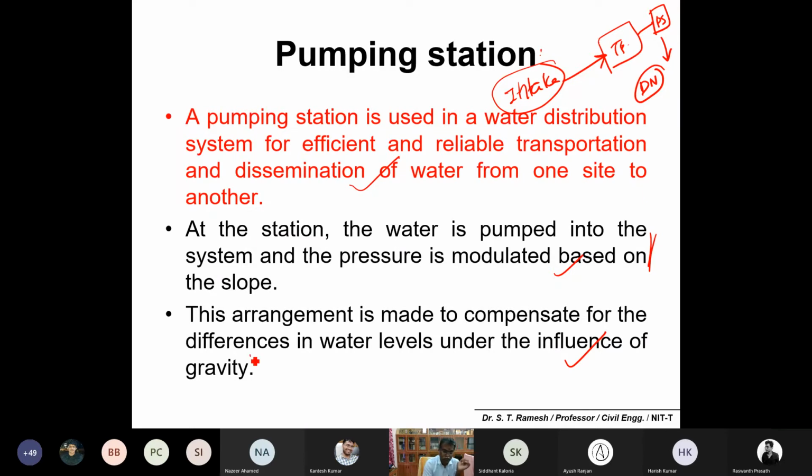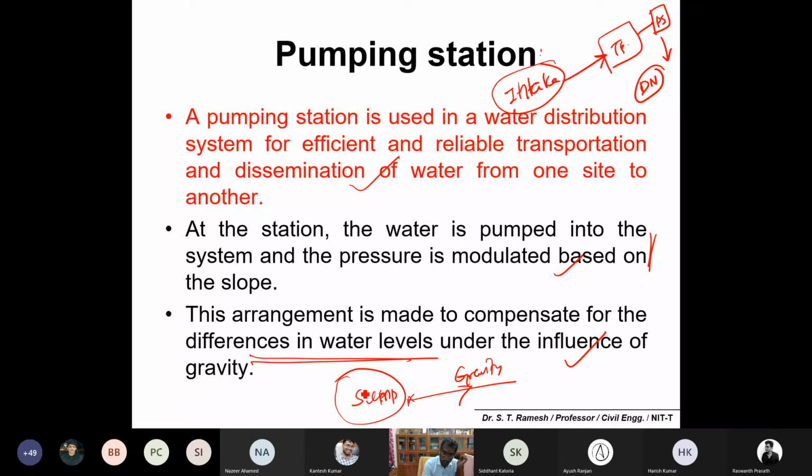In some cases, as you would have seen, even for network systems inside a city or inside an organization, they may have a sump, which we can call a pumping station. It is very difficult to supply the water by gravity, as it will give a lot of level difference, which may cause problems in your distribution.